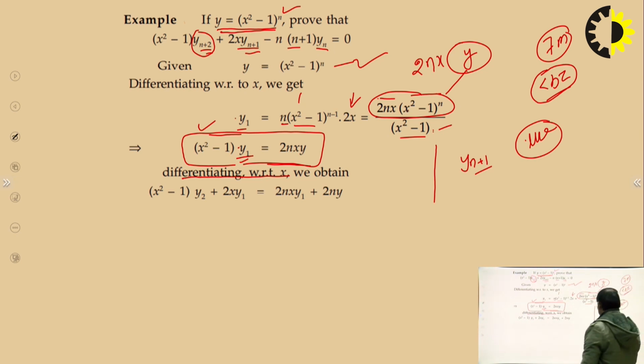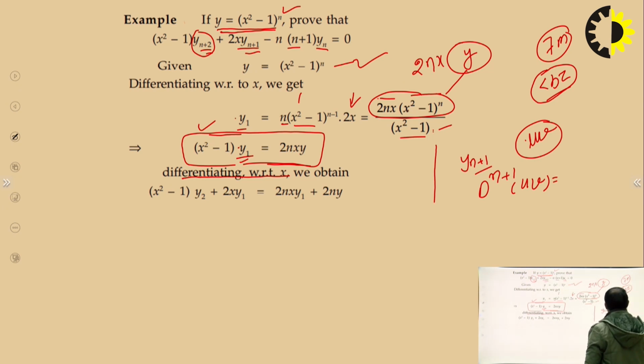Students, sometimes if required, you can apply your theorem more than n times. Remember this, it is a very important concept. If required, you can apply the n plus 1th time differentiation, meaning the Leibniz theorem, on any function.